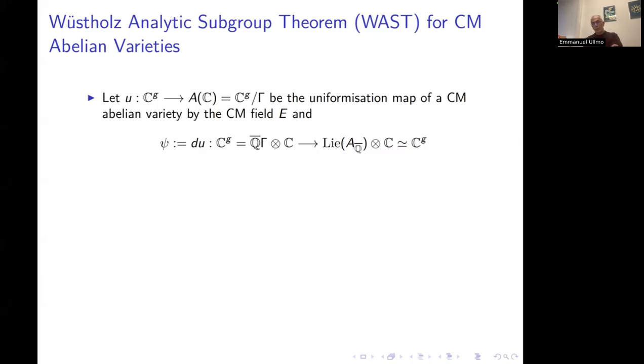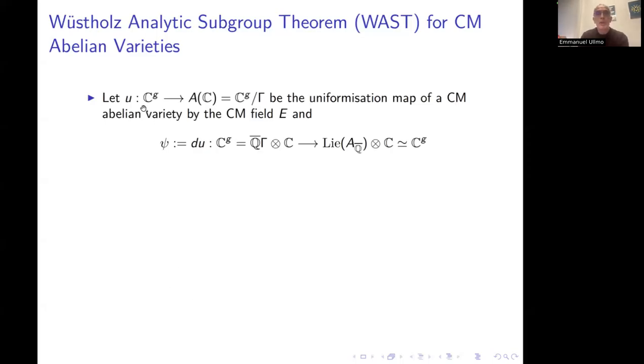The way you prove that there are no Q bar relations between the periods of a CM abelian variety is given by Wüstholz's analytic subgroup theorem. So I will state it for CM abelian varieties, and I will try to give an analog in the case of Shimura varieties, or say the moduli space of abelian varieties.